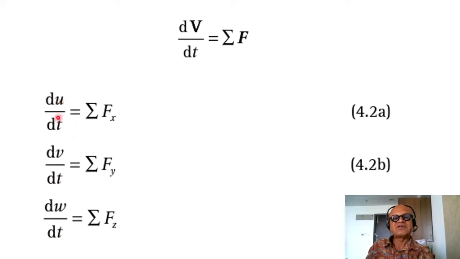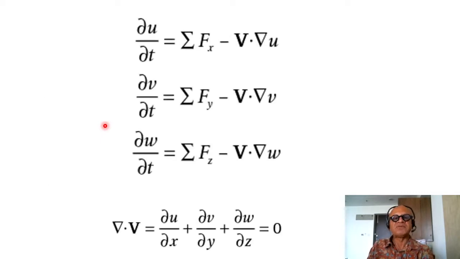And du/dt here is the Lagrangian derivative, total derivative, material derivative, so it's partial u partial t plus the advection term, V dot grad u, so u du/dx plus v du/dy plus w du/dz, and so on for each direction. So these are the momentum or acceleration equations for zonal, meridional, and vertical directions.